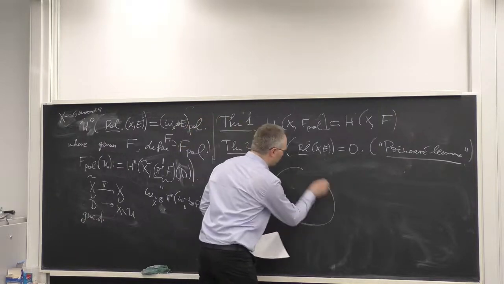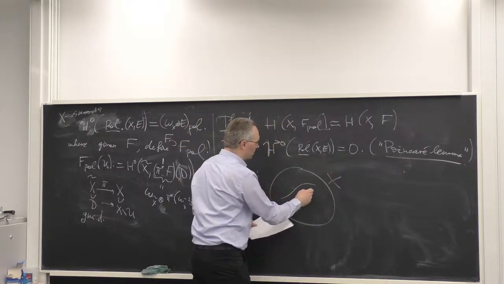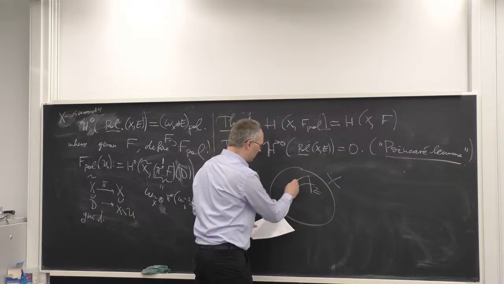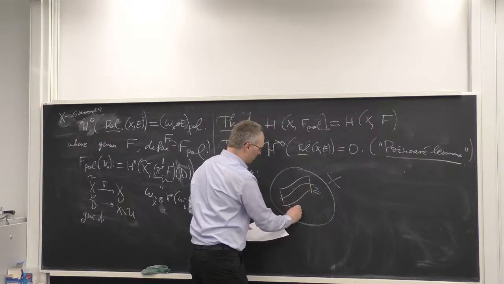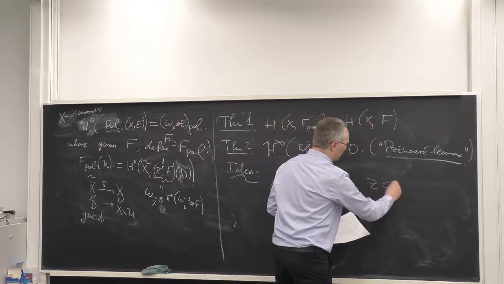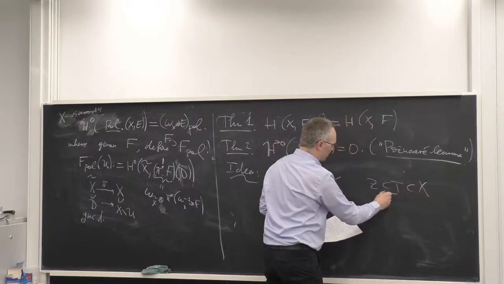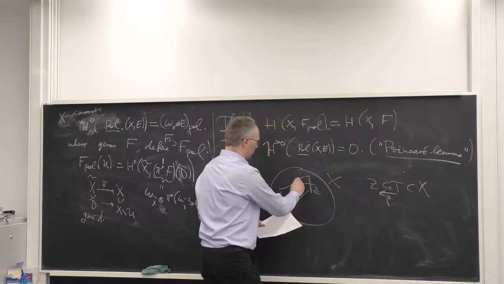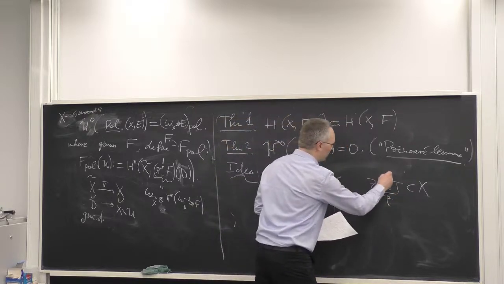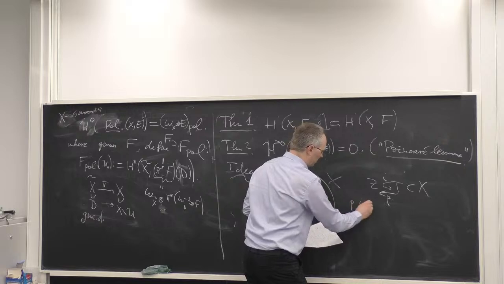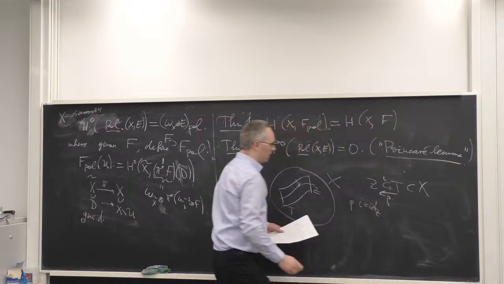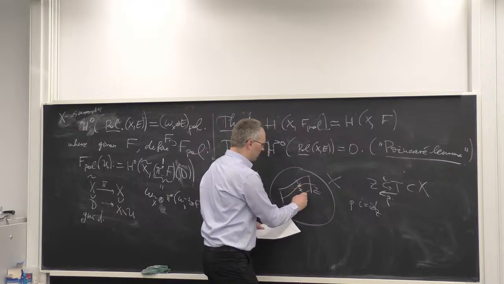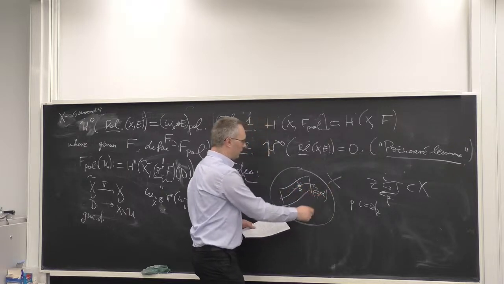Suppose you have some variety X and you have some variety Z, and suppose we had some tubular neighborhood. So we had some variety T inside X, such that there also existed a projection p back to Z. So this is i, and p is the identity on Z, and also we have some point x, and here we had some form alpha.